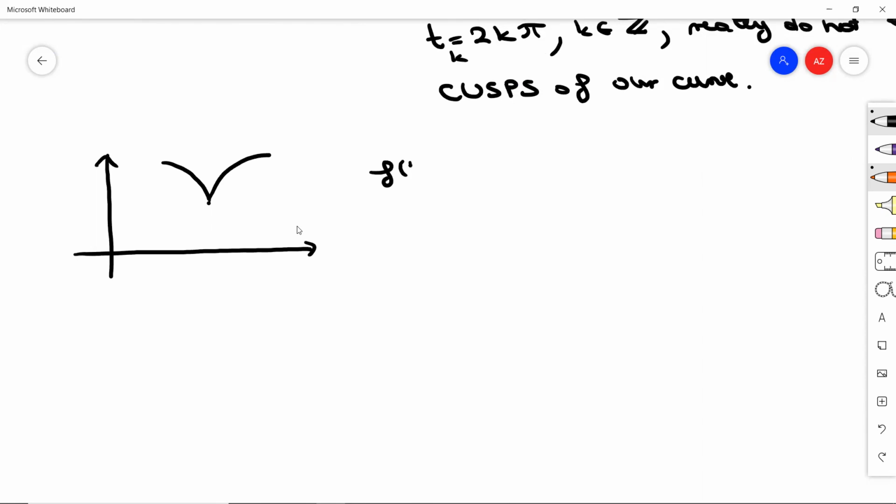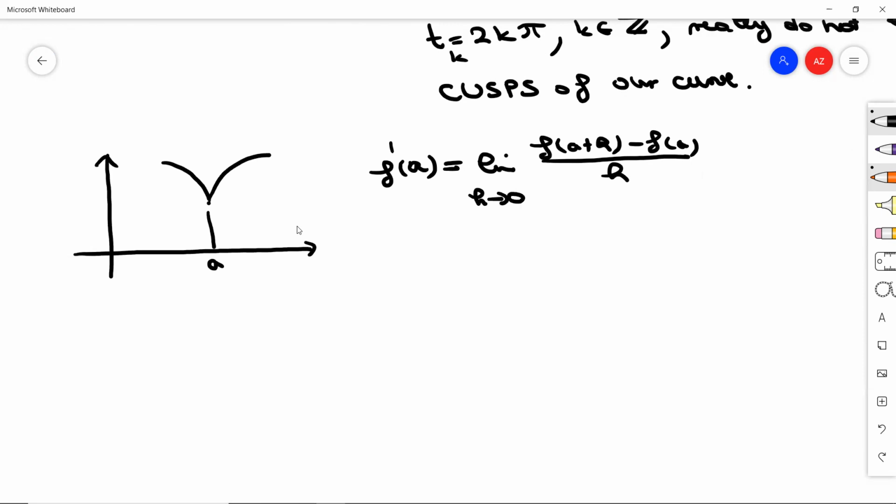It's the limit of f of a plus h minus f of a over h when h goes to 0.